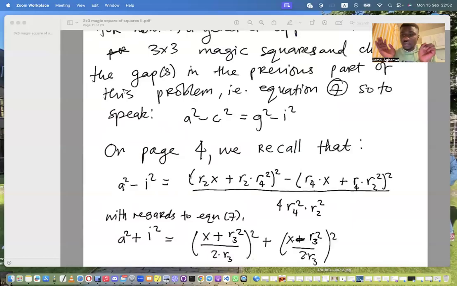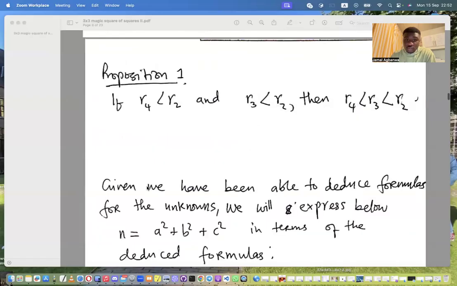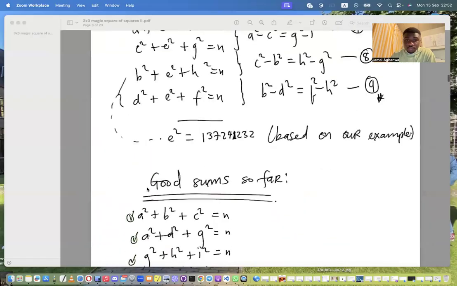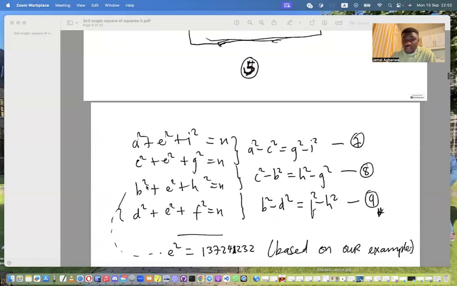I'm going to try to explain this in a way that does not confuse viewers. When you go back to the previous equation we saw, if you were to strictly focus on this one without focusing on this, there'll still be a gap somewhere.